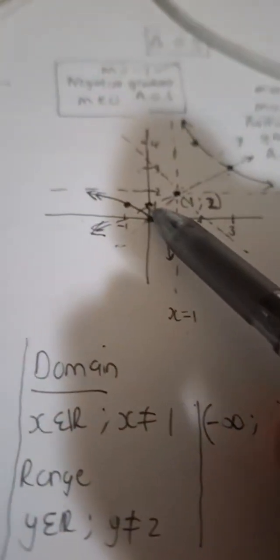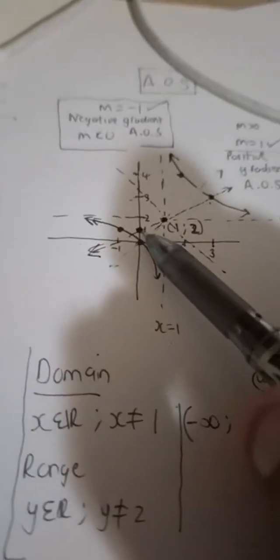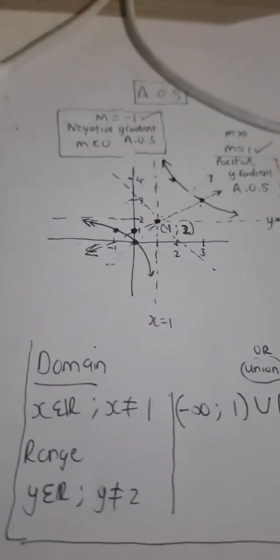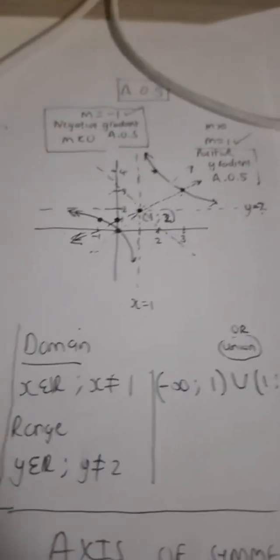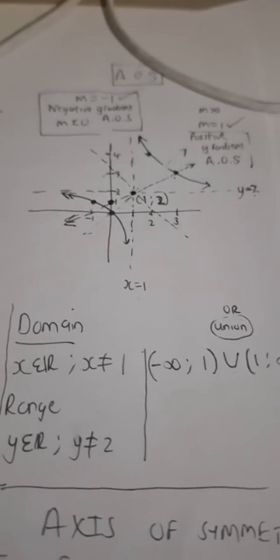You see now? Now we're talking. It is the axis of symmetry. It has the y-intercept, because if this here is positive 1, then it must cut through the y-intercept, which is 1. Now it's proper.